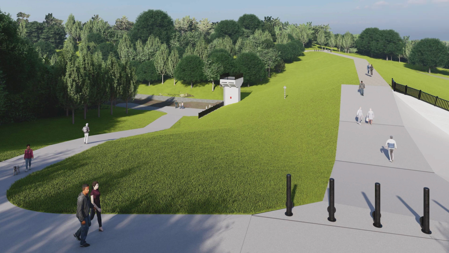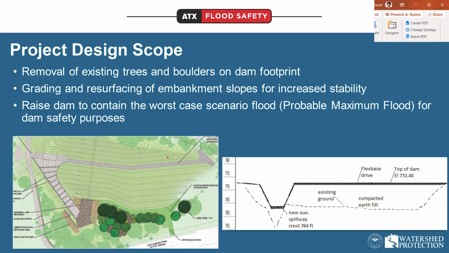I do. Thank you. I thought I saw in one of your cross-section drawings that the top of the dam's going to be about 12 feet higher than it currently is. Is that about right? It is going to be higher, not necessarily 12 feet. It just depends, because the problem right now is that it doesn't even have an even elevation.